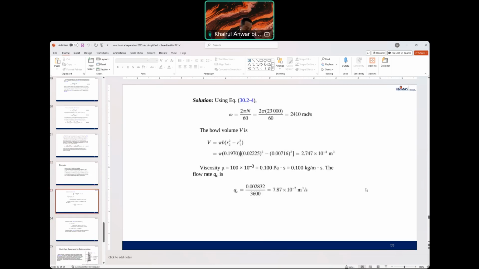Using equation 30.2-4, this is the tangential velocity of the particle.